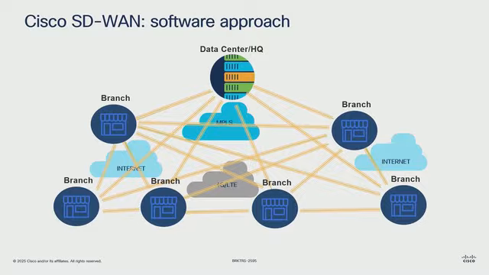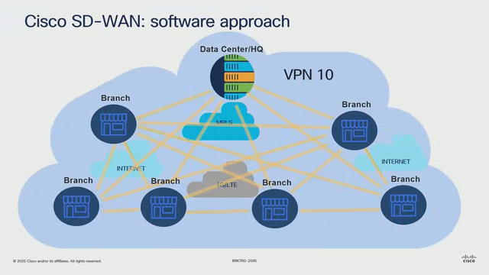One of the key pieces that SD-WAN brings onto the table is segmentation. What I mean by segmentation is, we can have a VPN 10 where we can choose that traffic from one branch to go to the other branch has to go via the data center itself. You might have some audit requirements, you might have some security policies related to that particular branch or that particular traffic.